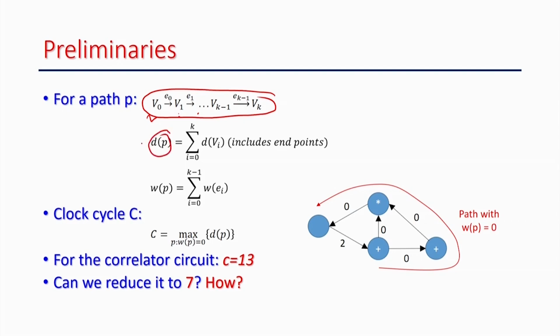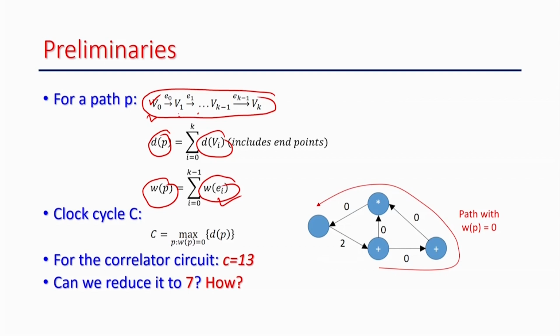So, this is the summation of the delay of these nodes, right. So, for example, this is the summation of the delay of the nodes in this path. Similarly, we can find out the weight. Weight is the weight of the edges, right. So, E0 to Ek minus 1, all the weight of the edges, right. So, that will be the summation of the weight of that path.